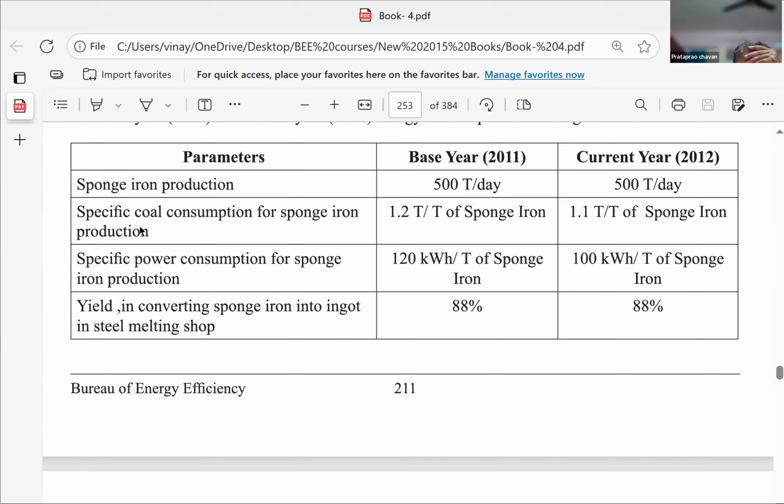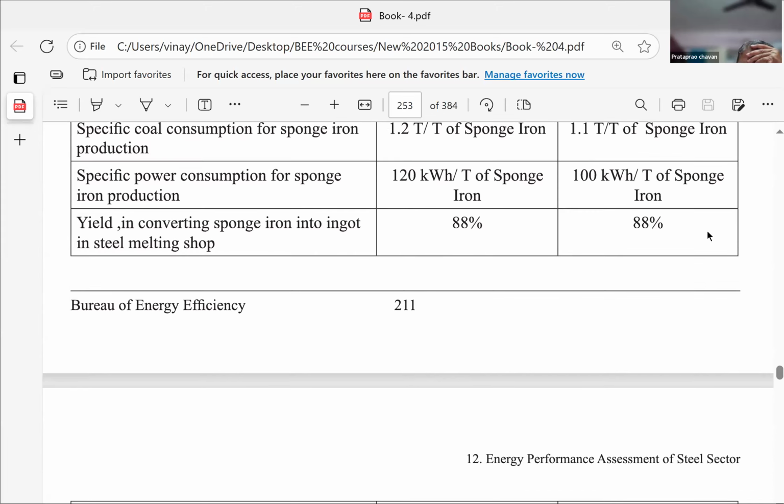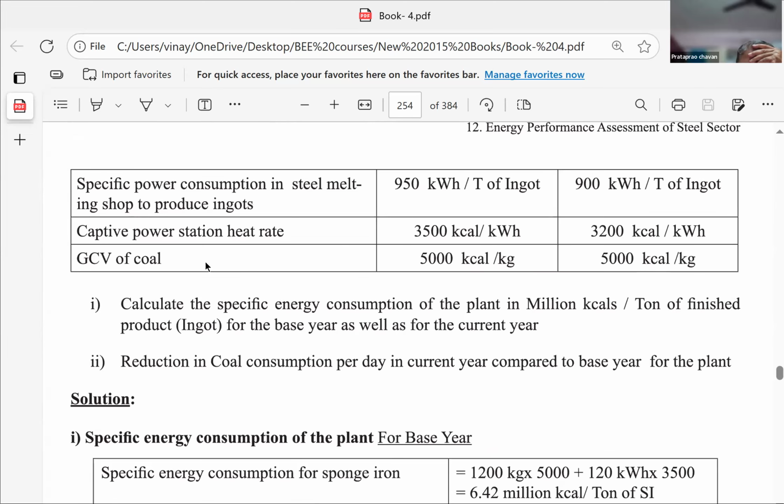See, specific coal consumption. Same quality of coal, which was required at 1.2 tons per ton of production of sponge iron, has now reduced to 1.1. Improvement. That means your overall fuel rate has come down. Obviously, that will reflect in the total heat rate.